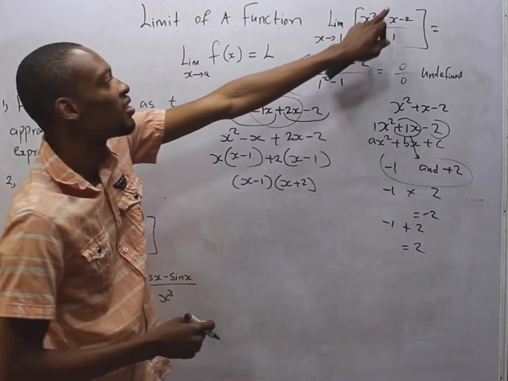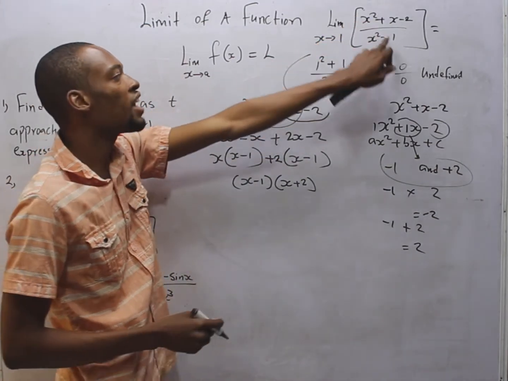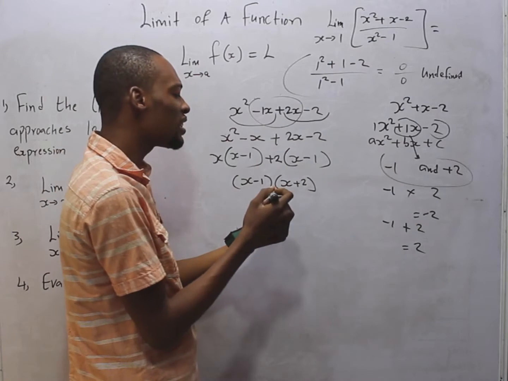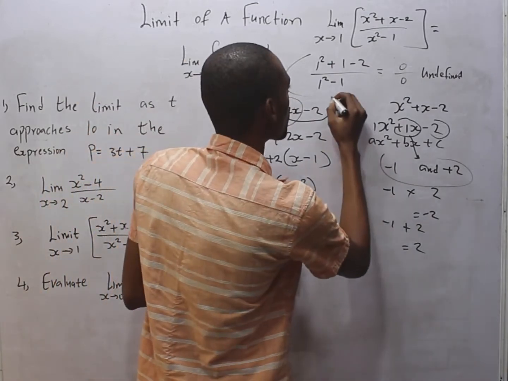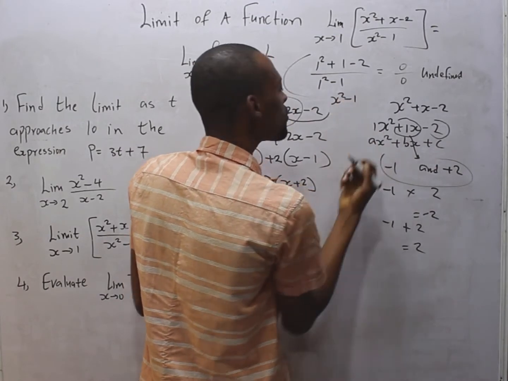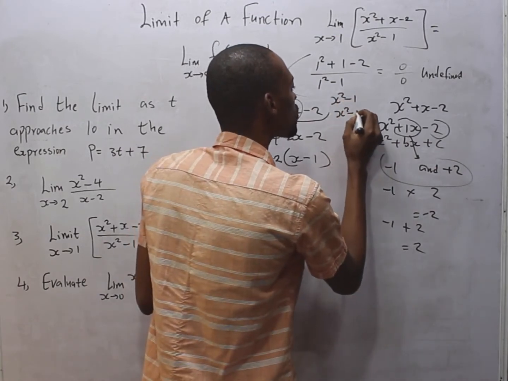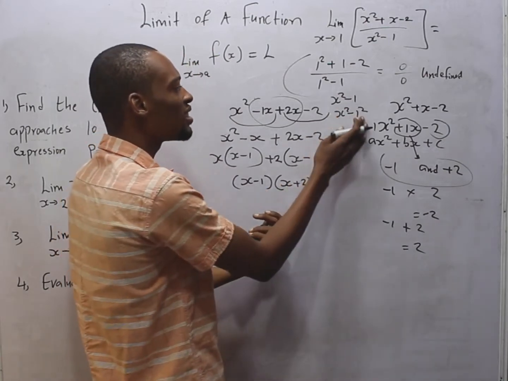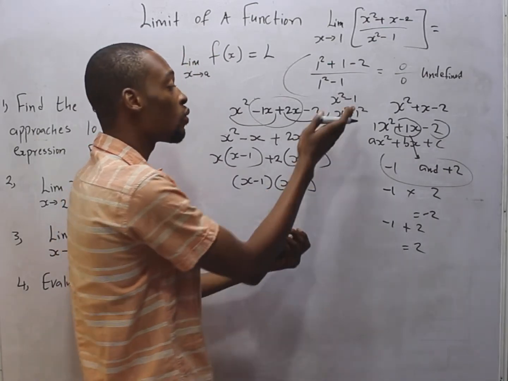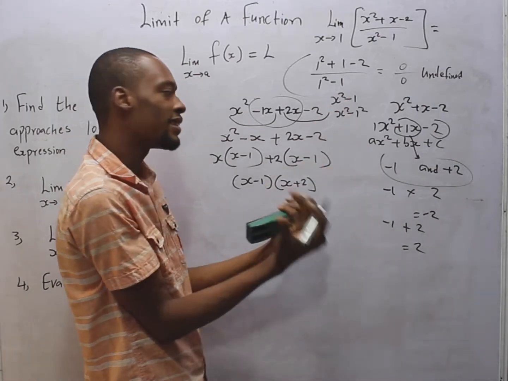We factorize this expression. Now for this one, remember what we did in the question earlier. We said that S squared minus 1 can also be written as S squared minus 1 squared. We've not changed anything, 1 squared is 1.